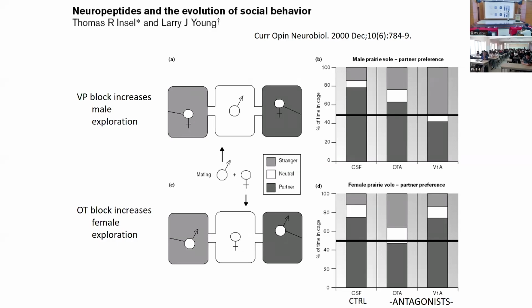Here is the percentage of time the animal is spending. In this case, it is a male animal, spending time in the black room, where the wife is. As you can see, 80% of the time is spent with the wife, just a little alone in the middle, in the white chamber.